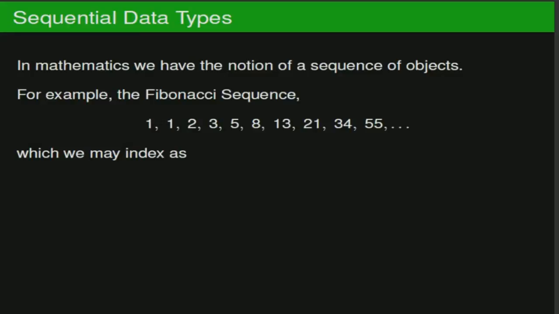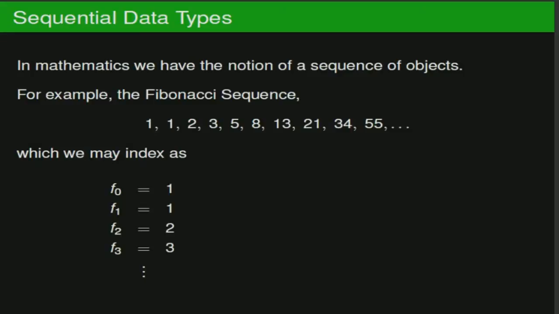We're able to index those as f sub 0, with f being the name of the sequence. F sub 0, the zeroth element in the sequence, is just 1. F sub 1, the second element in the sequence, is 1. F sub 2 is 2, F sub 3 is 3, and so on and so on.